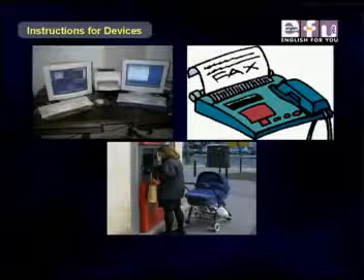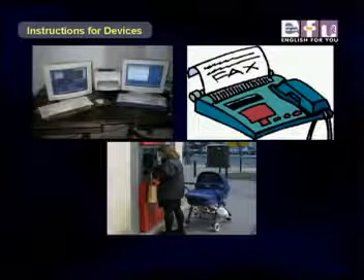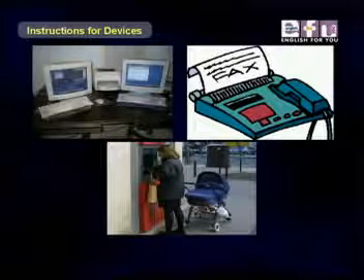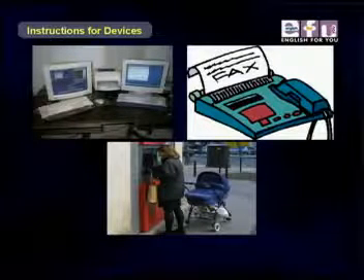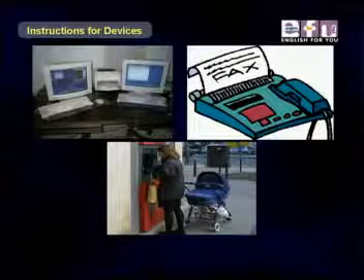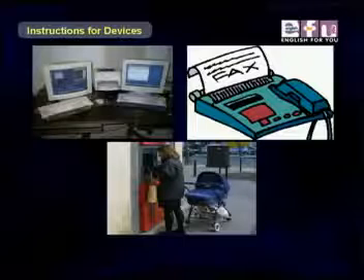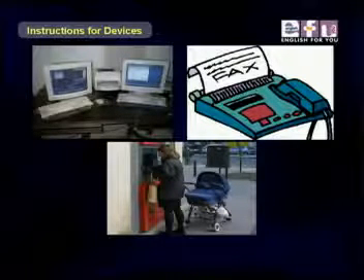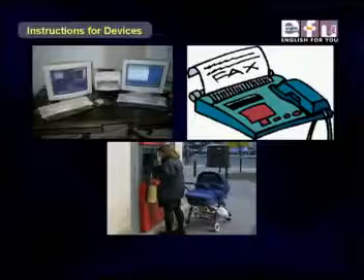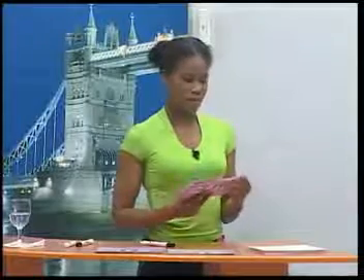Then, connect it to a telephone line. Third, turn it on. After that, click on the program you want to use. Next, do your work. Then, save your work. When you finish, click the Start button and choose Shutdown. Finally, turn it off.